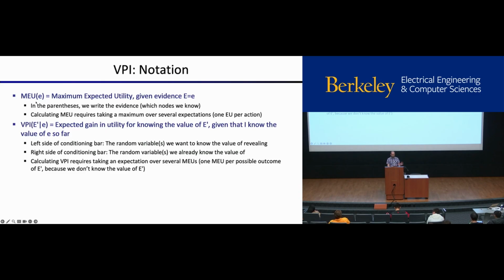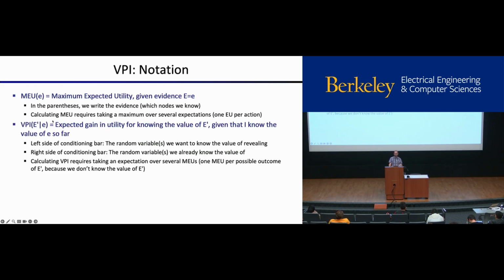So the notation, which we've been through already: here's the maximum expected utility given some evidence. We write the evidence in the parentheses. And this involves taking a maximum over several expectations, one expected utility for each action under consideration. And this is how we write the value of perfect information for knowing the value of E prime, given that we know the value of E so far. So to the left is the random variable that we want to know the value of revealing.